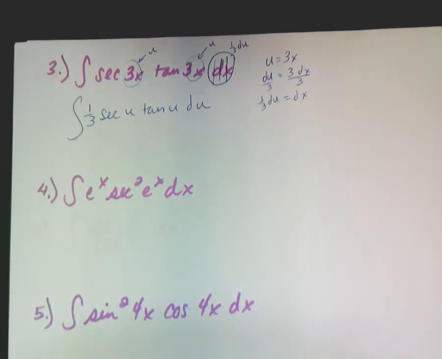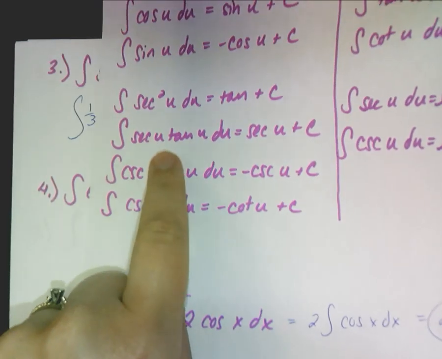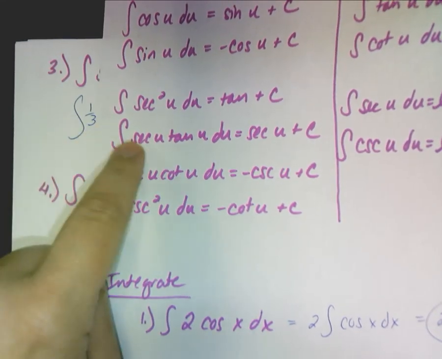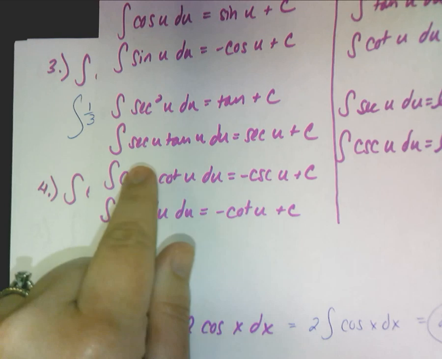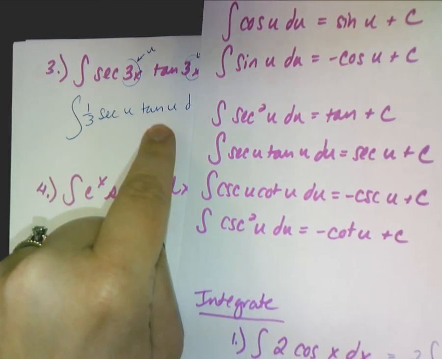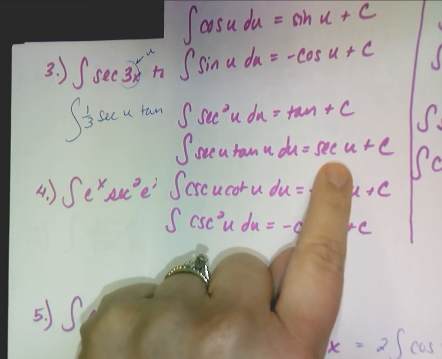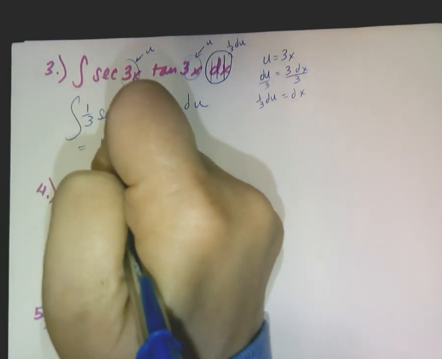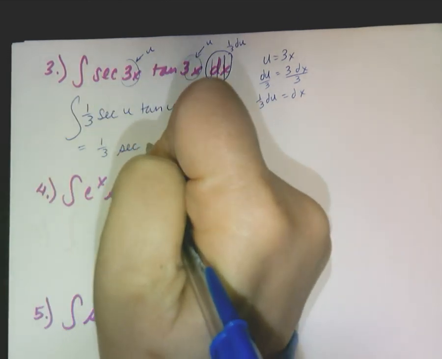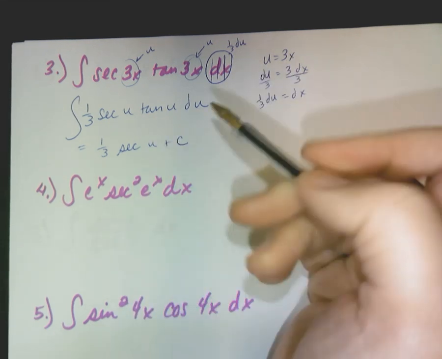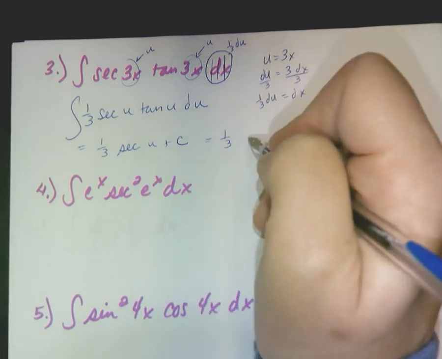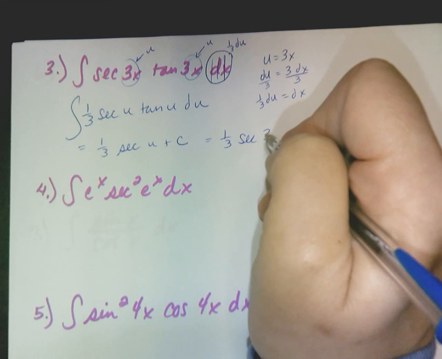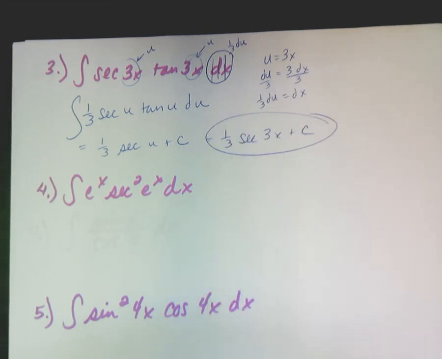That's what we're going to integrate. Does that look like the formula over here? It does. Again, that 1/3 can just go in front. So the integral of a secant tan comes out to be secant. So the integral of this with the 1/3 in front would just be secant u plus c. But now you plug in your u, which would be 1/3 secant 3x plus c. Easy peasy.